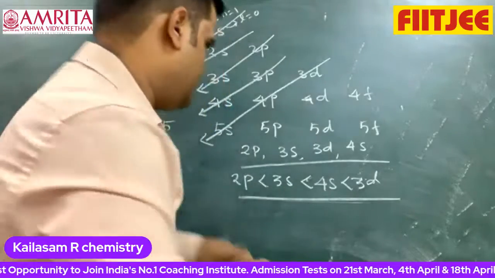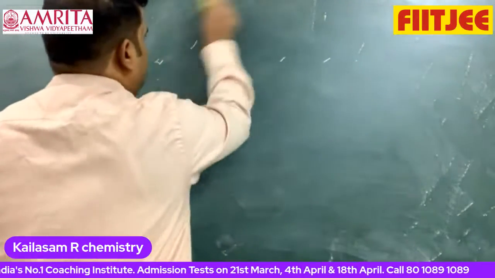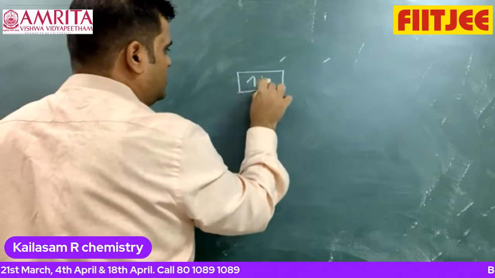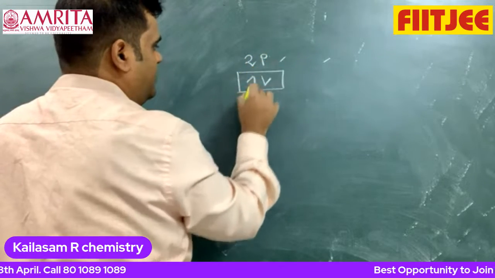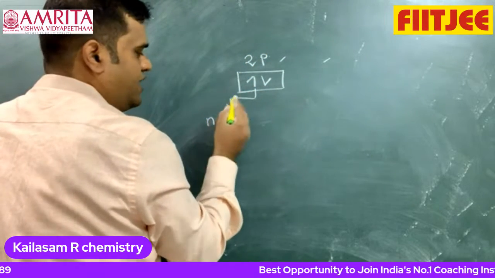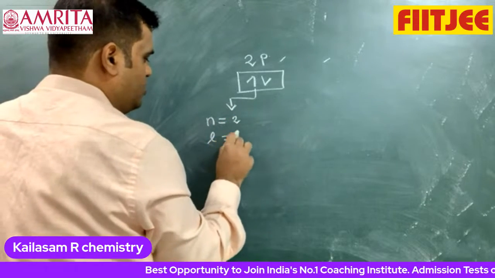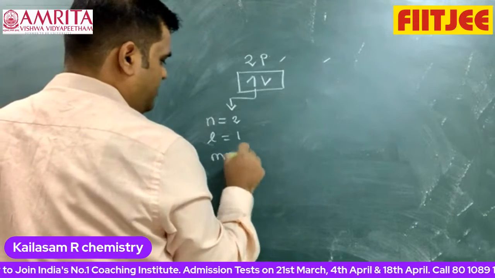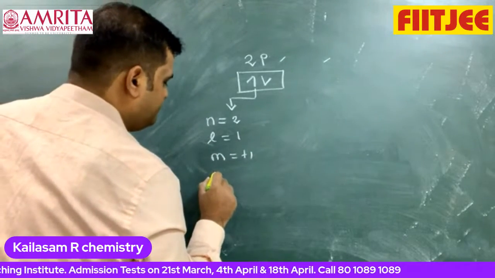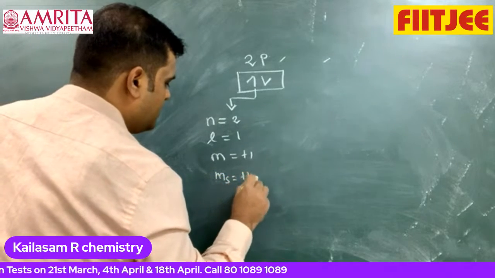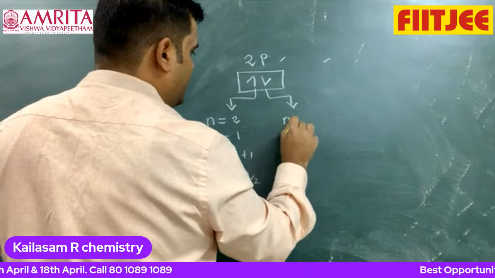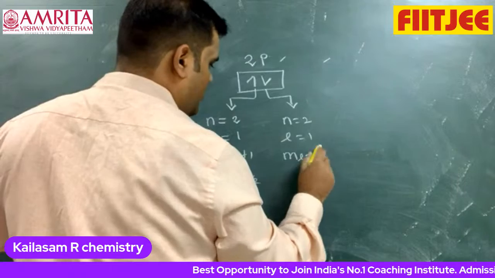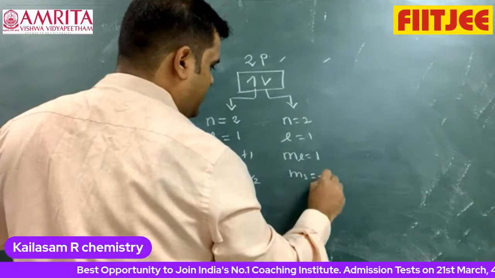How's that? Look at this. I'm taking 2 electrons, as 2p. For this electron, n is equal to 2, l is equal to 1, ml is equal to plus 1, and ms is plus 1/2. For the other, n is equal to 2, l is equal to 1, ml is equal to 1, but ms is minus 1/2.